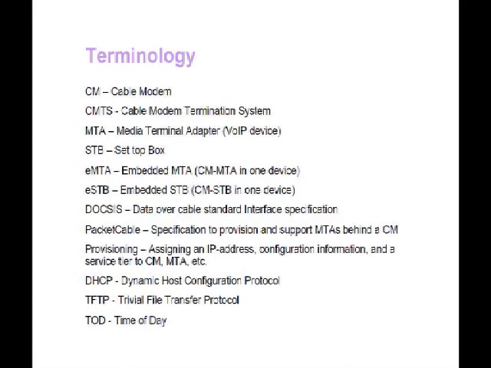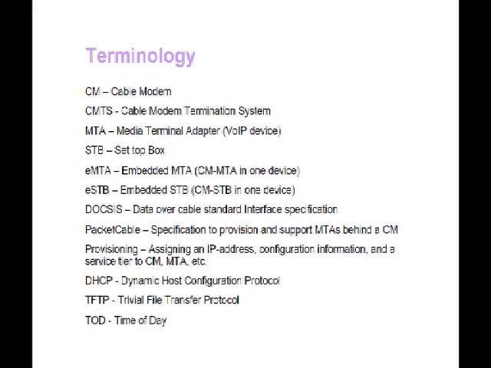Okay, so some generic terminology here. Cable modems and CMTSs. CMTSs in a cable network generally provide the relay agent functionality. An MTA is the device that provides voice services in a cable network, and a set-top box is a box for video.